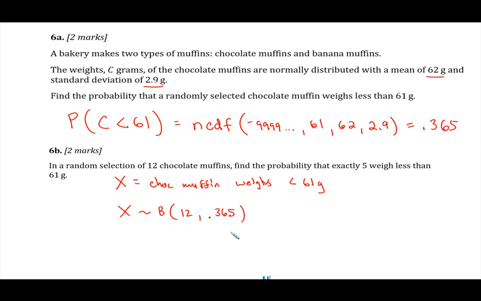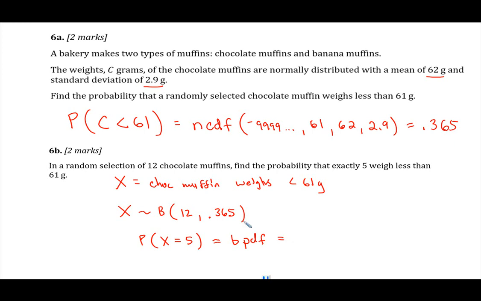Then we're trying to find the probability that X is equal to 5, so exactly 5. Since it's an equal sign, this is going to be a binomial PDF.